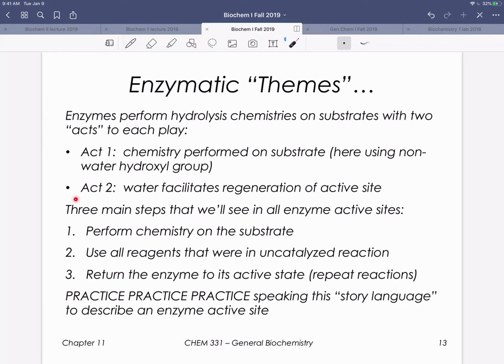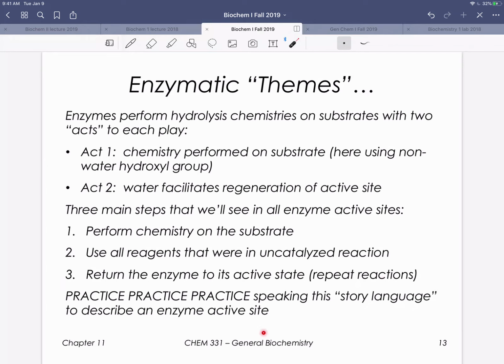So like we highlighted in our earlier slides, the 3 main steps that we're going to see in all enzyme active sites is we're going to perform chemistry on the substrate, we're going to use all of the reagents that we saw in our uncatalyzed reaction, and in this situation it's generally water that we need to make sure that we see, and we need to make sure to return the enzyme to its active state so that it can repeat its reactions.